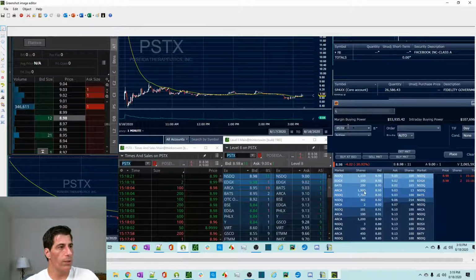Wouldn't you want to know that there's 7,700 shares down at this level? It's the next best bid after 898, but instead you only see whatever this is. You see 100 shares at 898, and then you only see whatever that is, 2,100 shares, and there's actually 9,800.